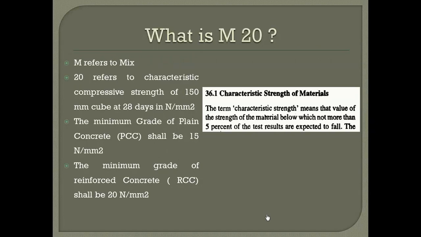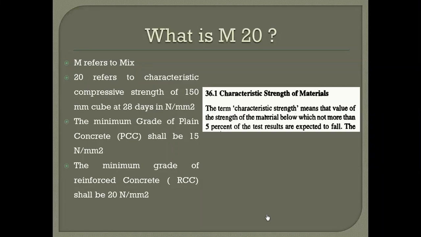If in case 10 samples show less than 30 newton per mm square, then we should discard that sample. We should not use it for construction, because it doesn't match the IS code provisions. So only 5% of the test results can be expected to fall. The other 95% should show equal or more than the specified strength.